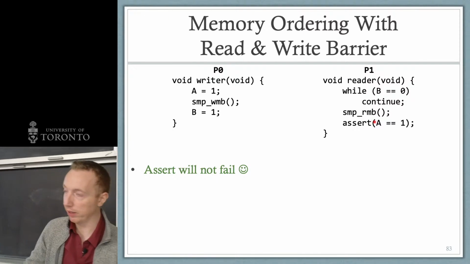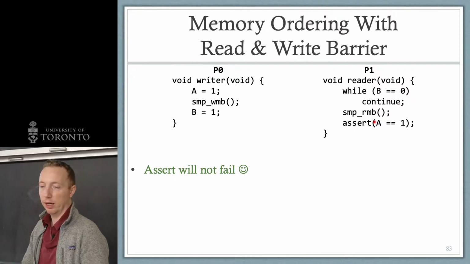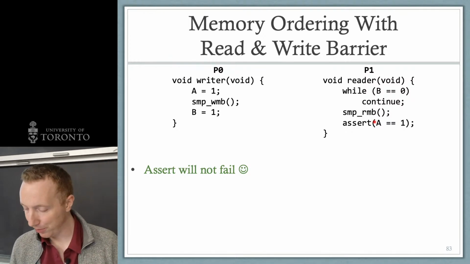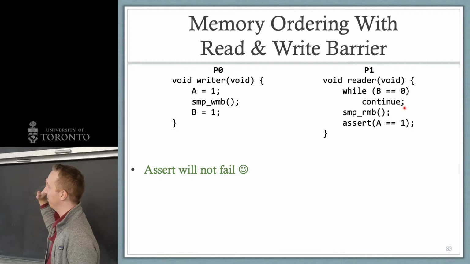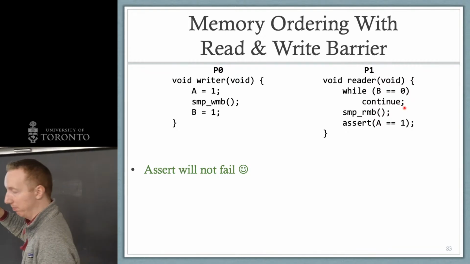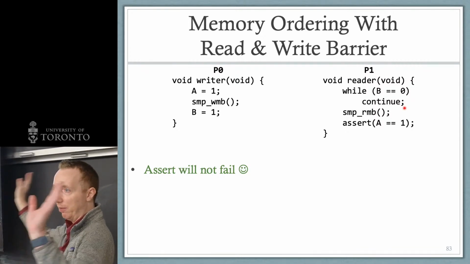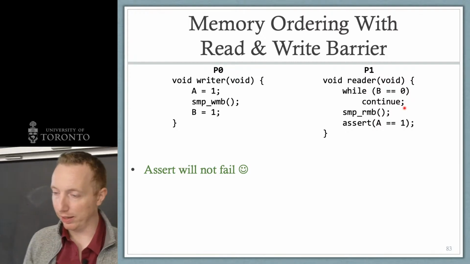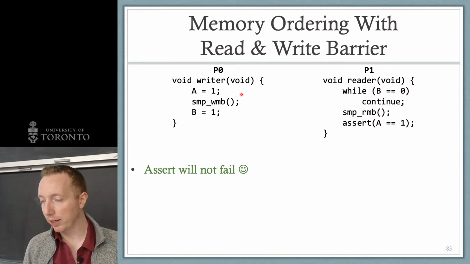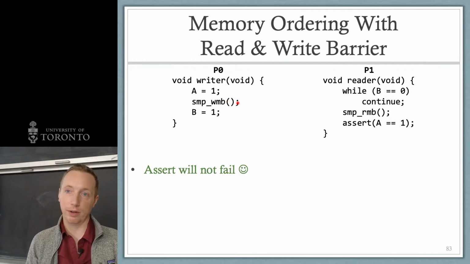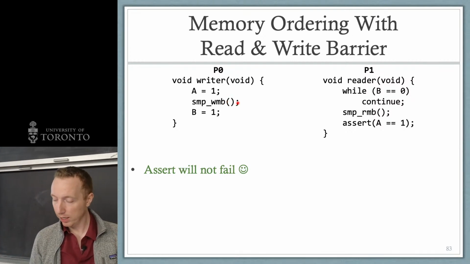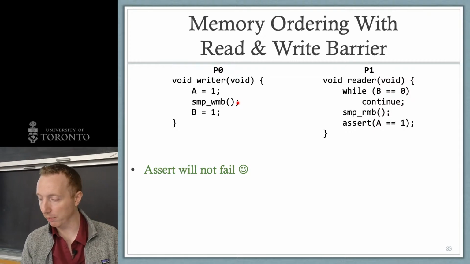So I have to get the most up-to-date value of A. Now the assert will not fail. In any weird memory model like C's memory model that just says, yeah, whatever, things can happen in any state, if you want some type of ordering, this is what you would need to do to ensure that things actually happen in the order that you have written them in.